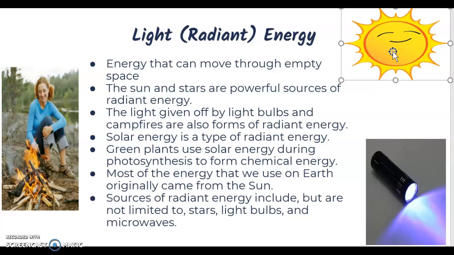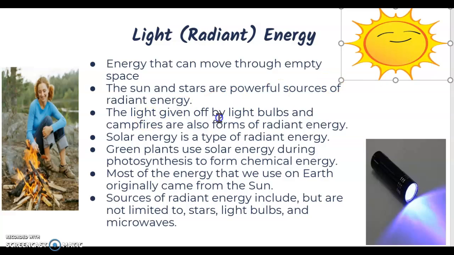So they can move through empty space because in outer space there's no gas. As a medium for these waves or energy, you need a solid, a liquid, or a gas. But in outer space, there is no solid nor liquid nor gas. So the sun, which is the ultimate source of radiant energy, can travel through empty space.